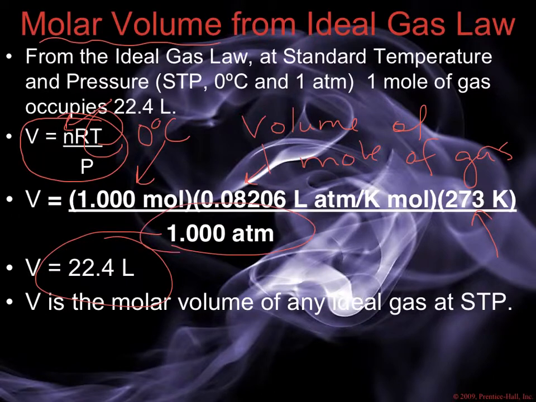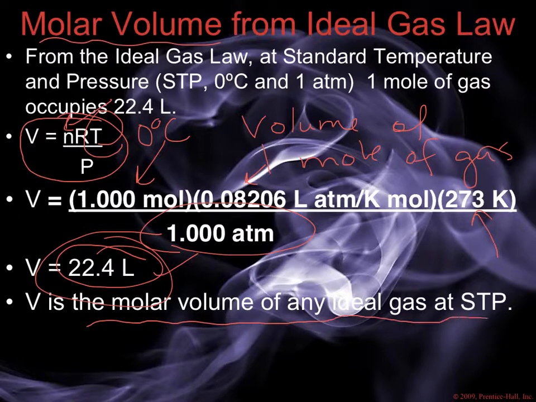Standard pressure is 1 atmosphere. When you plug all those values in, you get that the volume of a gas under standard conditions is 22.4 liters. And we say that 22.4 liters is the molar volume of any gas under standard conditions. STP means standard temperature and pressure.